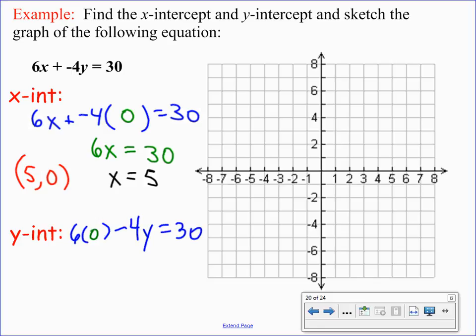After plugging 0 in for x, the x term disappears, and I'm left with the simple equation negative 4y equals 30.